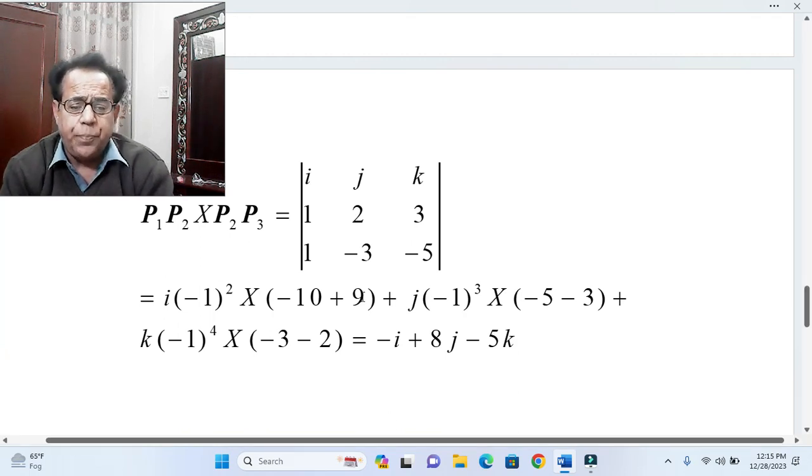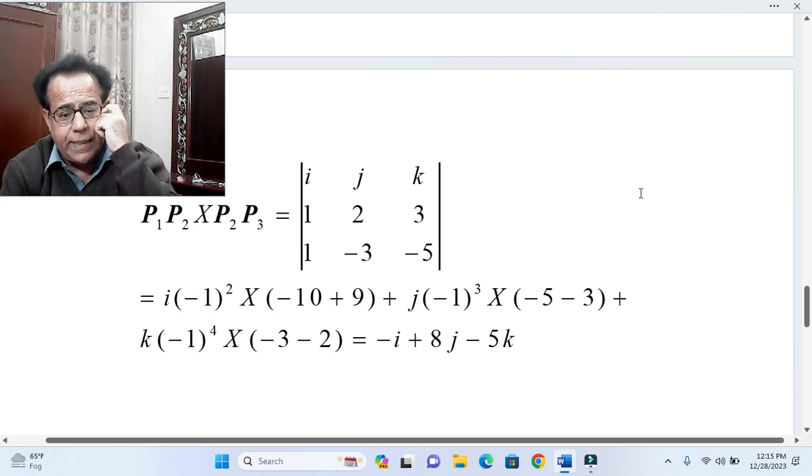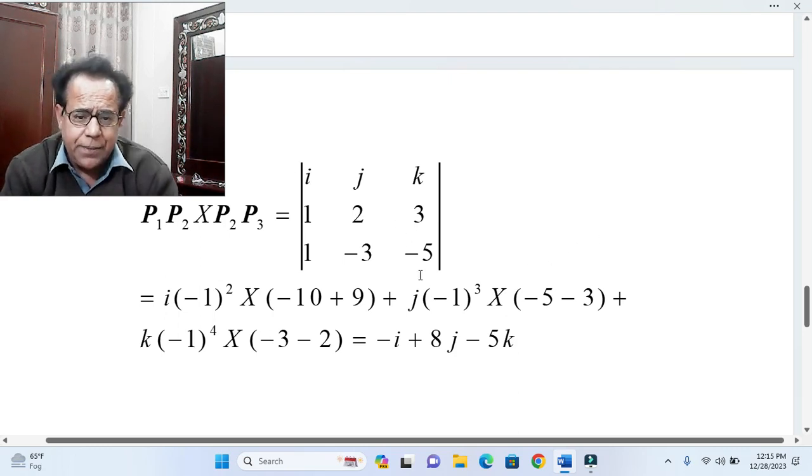Now for j, the second column and first row will be eliminated, and we get minus 5 minus 3, which becomes minus 8. In case of k, the first row and third column will be omitted, and we get minus 3 minus 2. This finally becomes minus i plus 8j minus 5k.